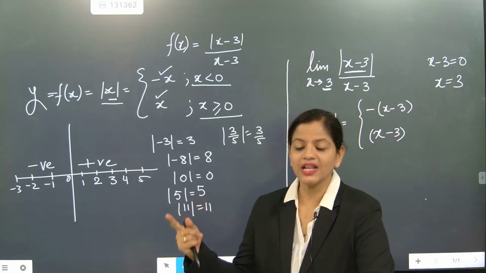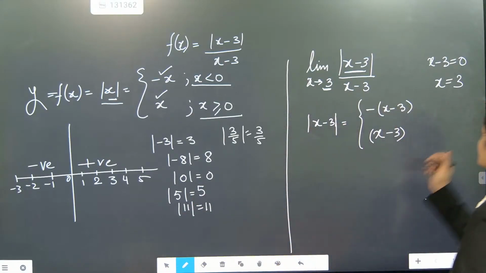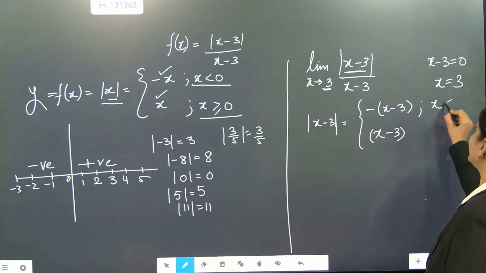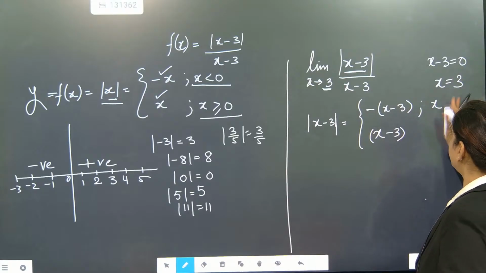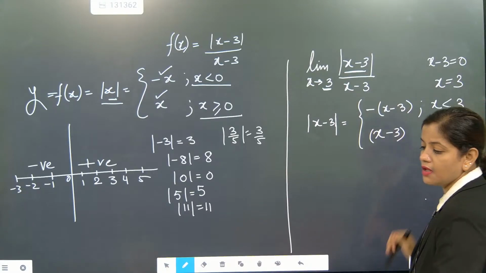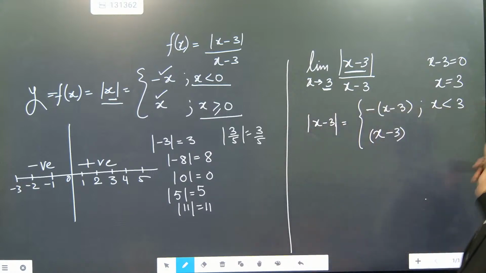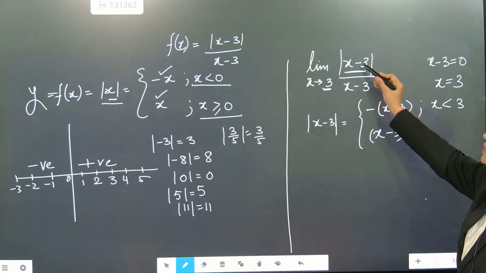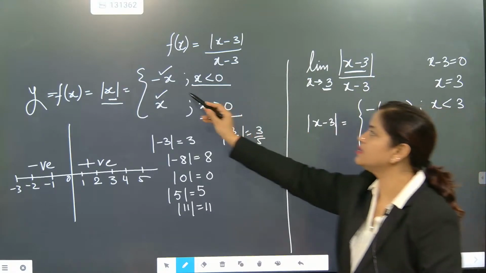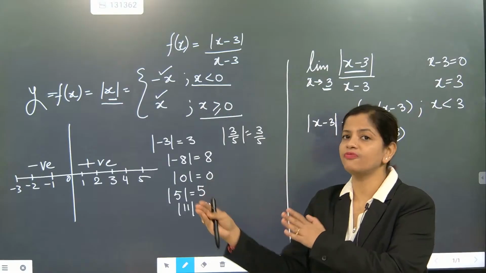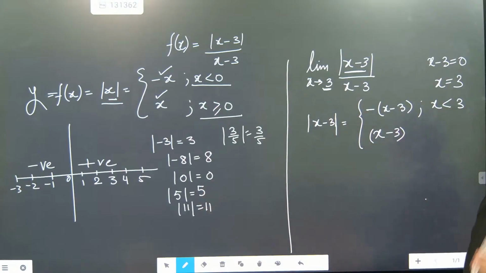So when you write x minus 3 equal to 0, that means x will have value 3. Now, one time x will be less than 3. When x is less than 3, modulus will be negative. I told you, the value of x taken will be negative, so outside the boundary of modulus, we have to put negative.